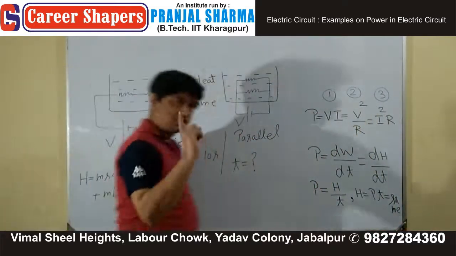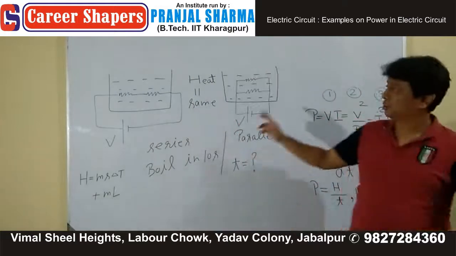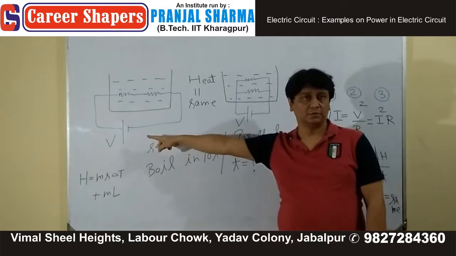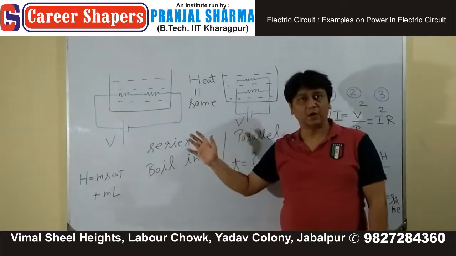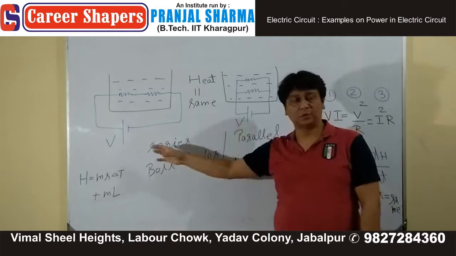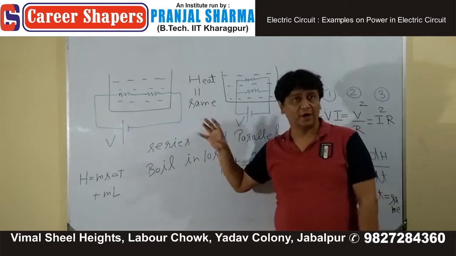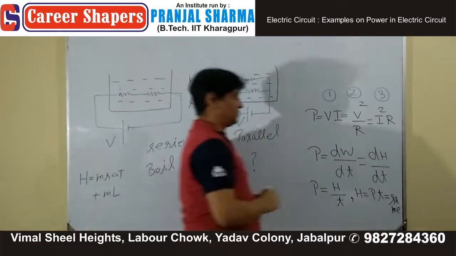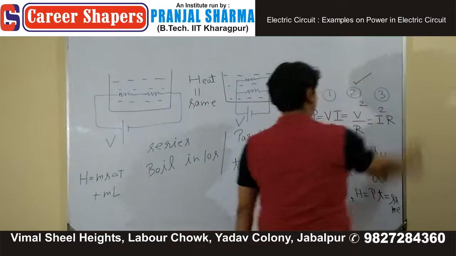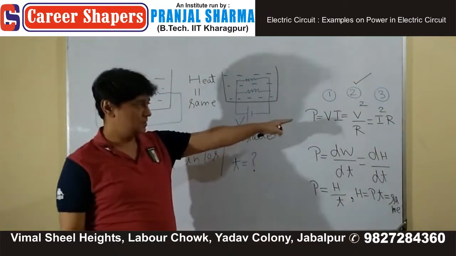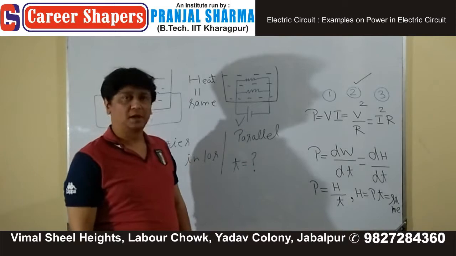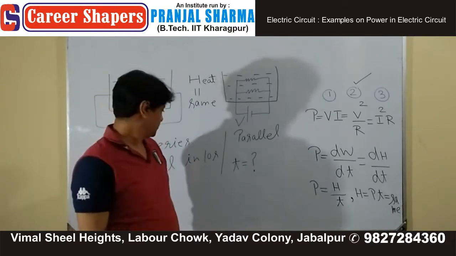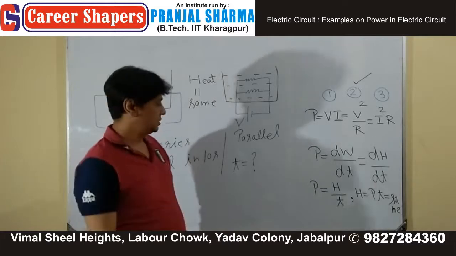The point is, question says both systems are connected to same voltage. So we have been given voltage. If you have the idea, if you have the information of voltage being same, then you must go with the second part. P equals to V square upon R. Which means what?